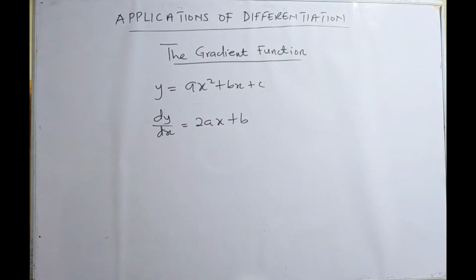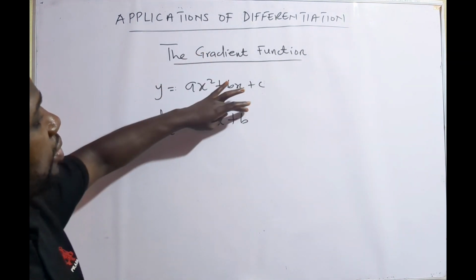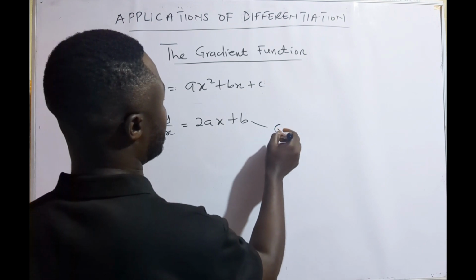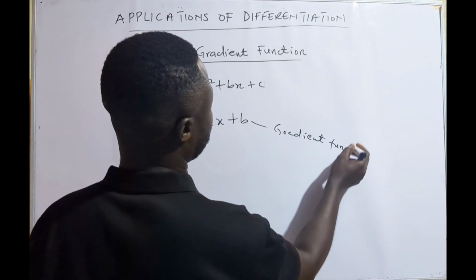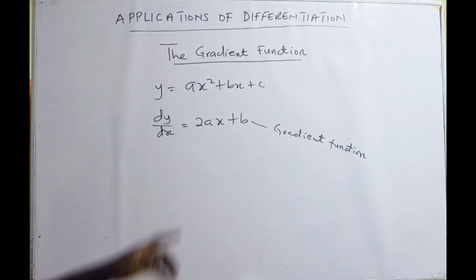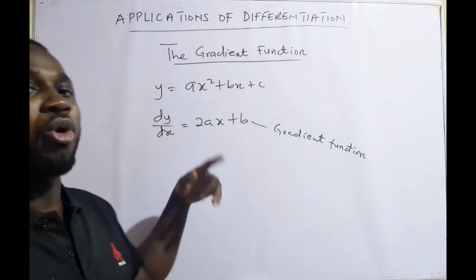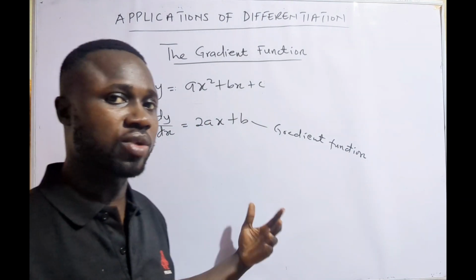So when I differentiate this, the function I get here is called what? The gradient function. And this gradient function, if it is quadratic, will be the gradient at a point on the what?